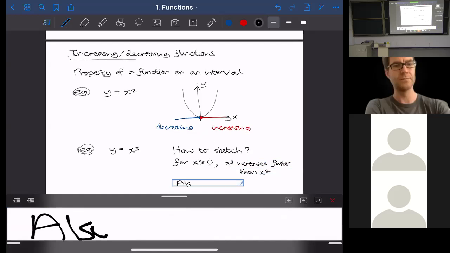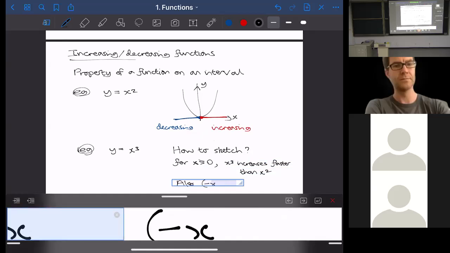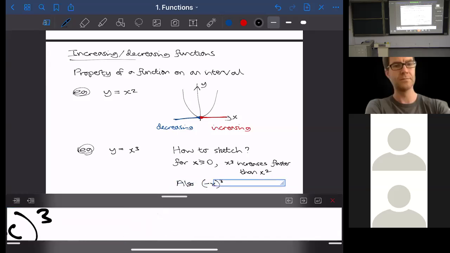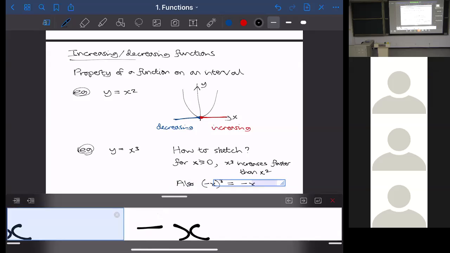And also, if I know x cubed, I can calculate the cube of minus x. That's because the cube of minus x is just minus x cubed.